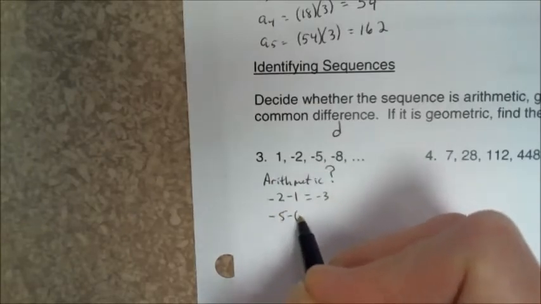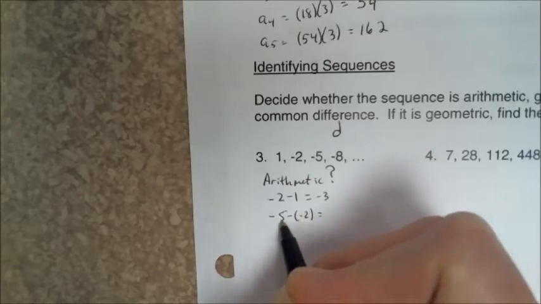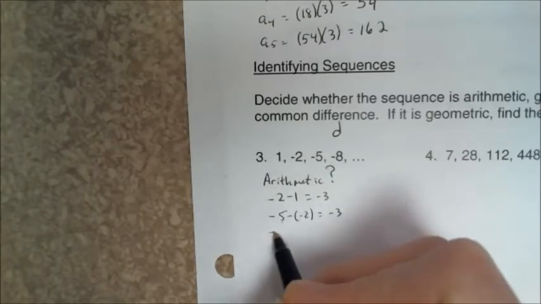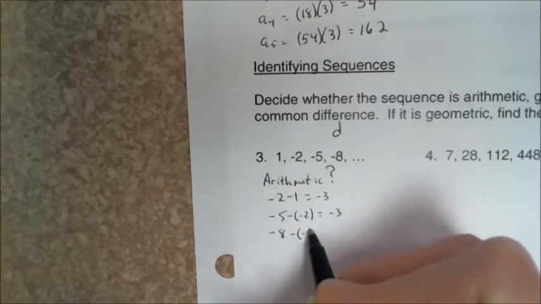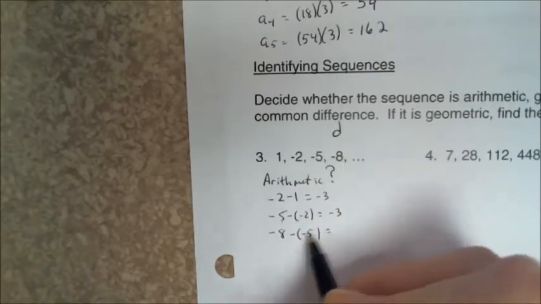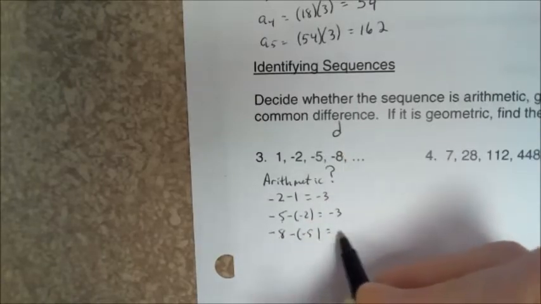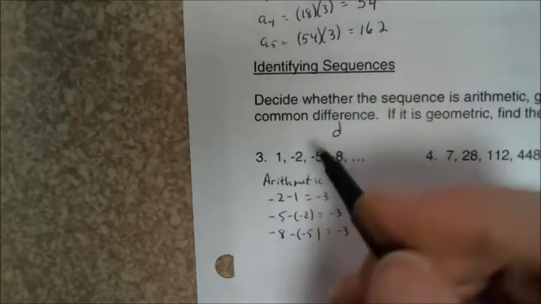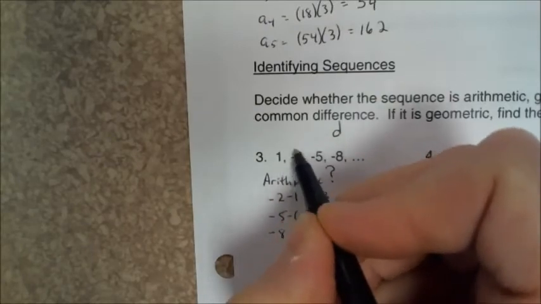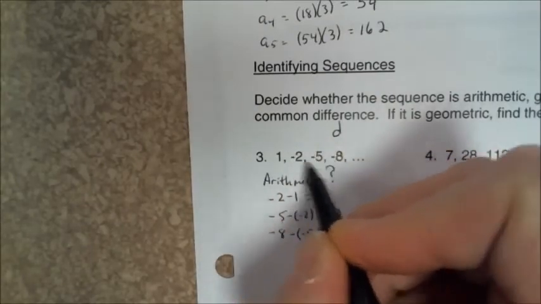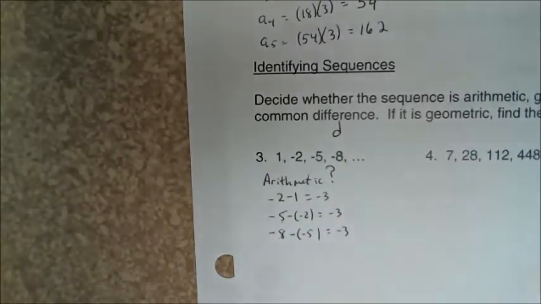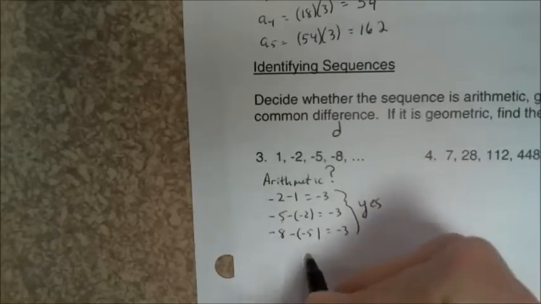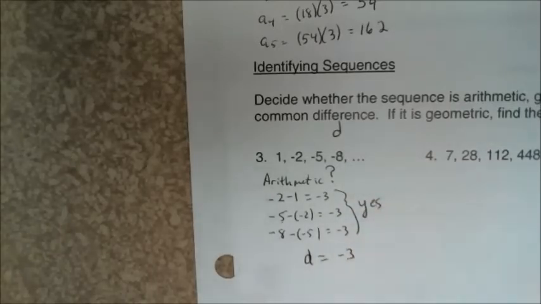Negative 5 minus a negative 2, negative 5 plus 2 is negative 3. Negative 8 minus negative 5, I'm just subtracting this minus this. Negative 8 minus a negative is plus 5. That's negative 3. Well, look at all of these differences. In other words, we keep subtracting 3, subtracting 3, subtracting 3. If we keep adding or subtracting the same number, then it is arithmetic. So the answer is yes, and the D value is equal to negative 3.